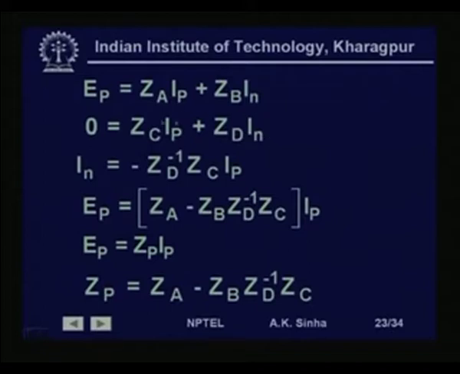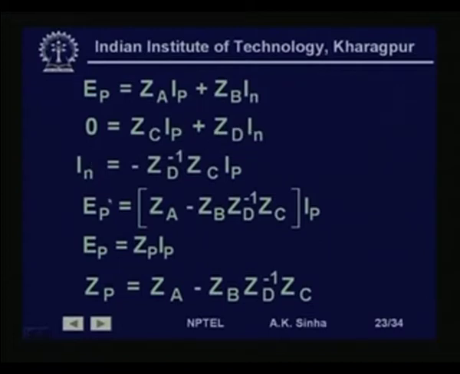Now, from this second equation, we can take this term to the other side, then we have In is equal to minus Zd inverse Zc into Ip. That is, In is here and we have taken this on this side. Now, we pre multiply both sides by Zd inverse.